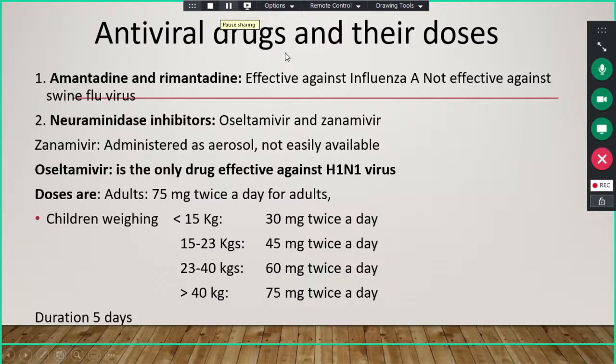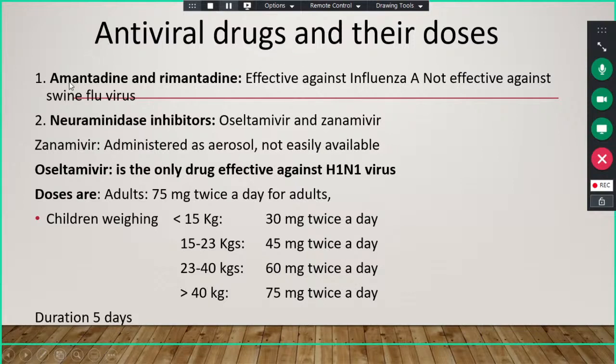Apart from symptomatic treatment, which would be similar to that of any other patient with acute respiratory distress syndrome, you give treatment similar to that of shock for all patients, including children and adults. In addition, you will administer antiviral drugs.